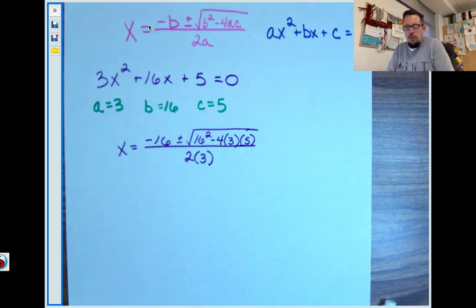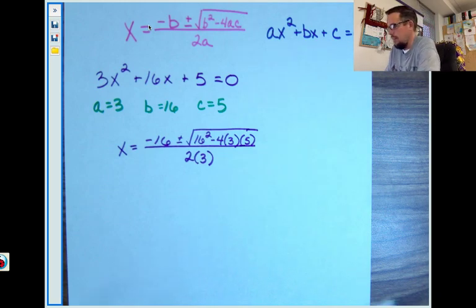Now that's the hard part, but it's not the short part. The hard part is getting everything plugged in correctly. Now all it is is arithmetic, right? There's no algebra involved. We're just doing the math, but it is pretty meaty.